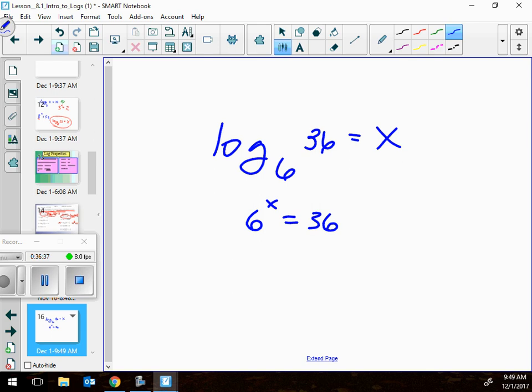Okay, but do you get that these both could be written with a base of 6? I'll show you that base change thing again. This has a base of 6. 36 could be written as 6 squared. Do you get then x equals 2? If you can write the bases the same, then their exponents must be the same.